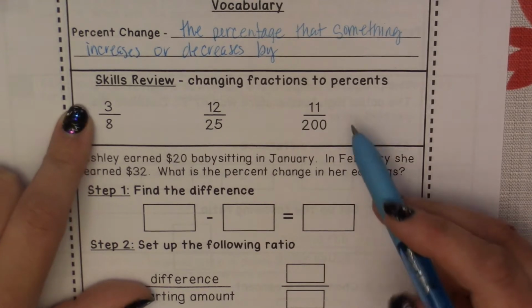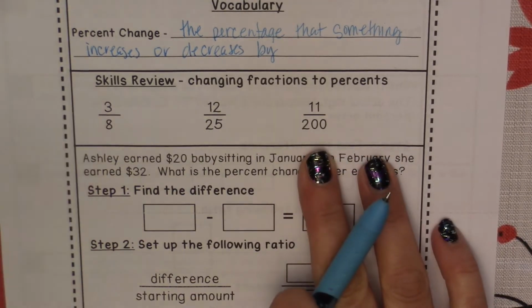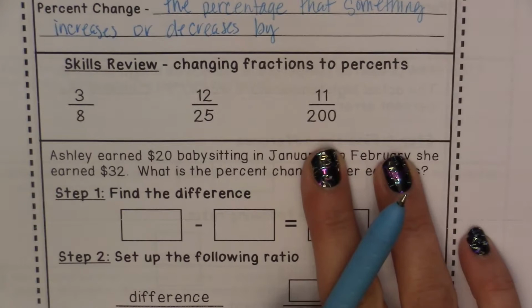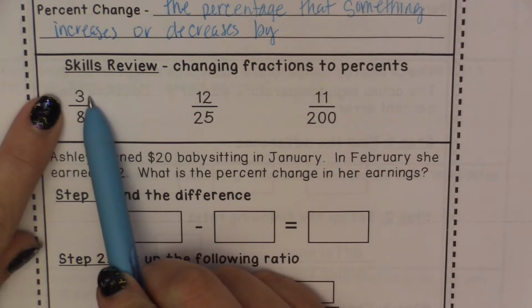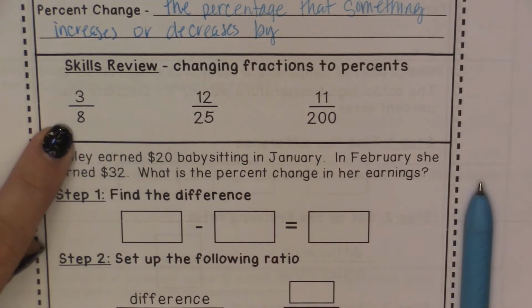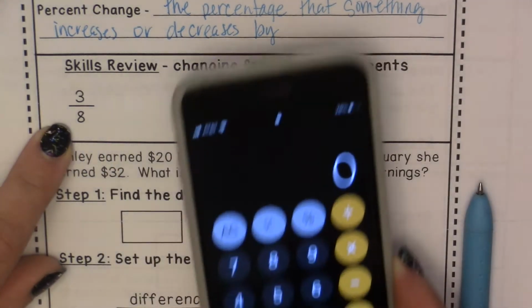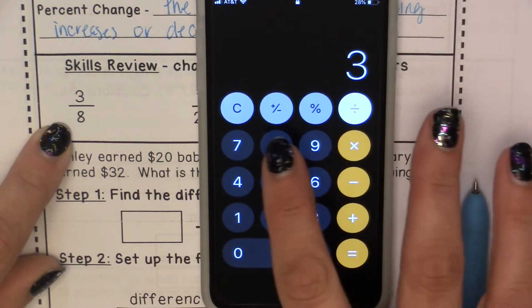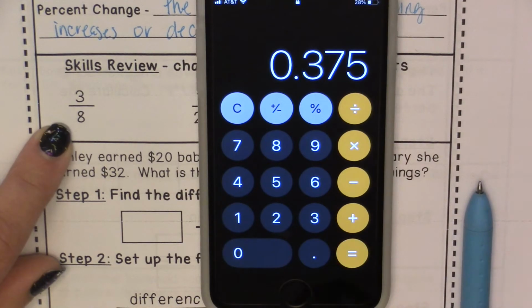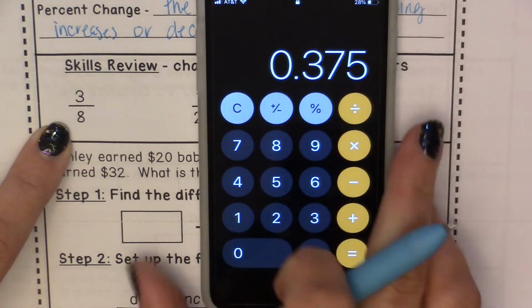All right, let's look at the skill review, changing fractions to percents. In order to change a fraction to a percent, we take the numerator divided by the denominator, and you can use a calculator to help you with this. Let's look at the first one. We have 3/8, so we're going to do 3 divided by 8, and we get 0.375.